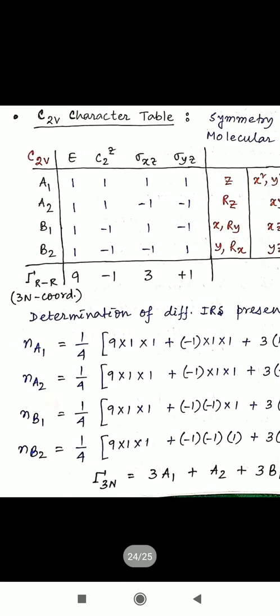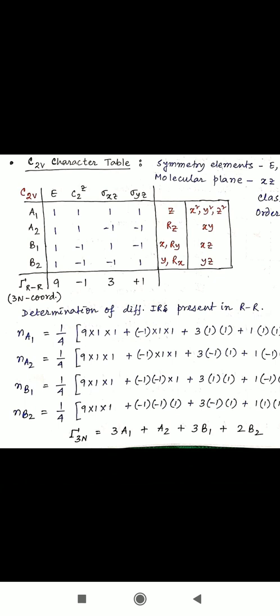Now, how can we represent the irreducible representations which are present in the reducible representation? That is also very, very important. So for this, just look, I have written nA1 is equal to 1 by 4. Why have I written 1 by 4?